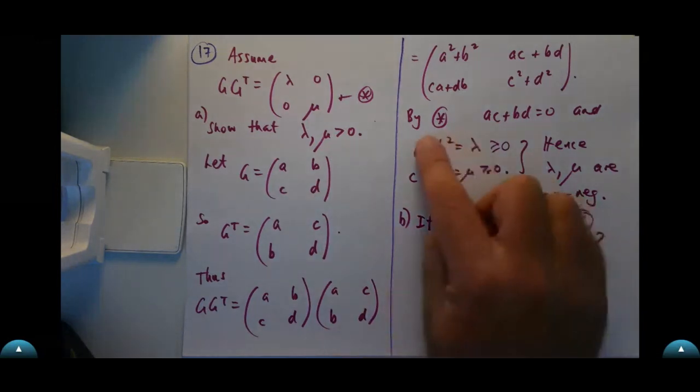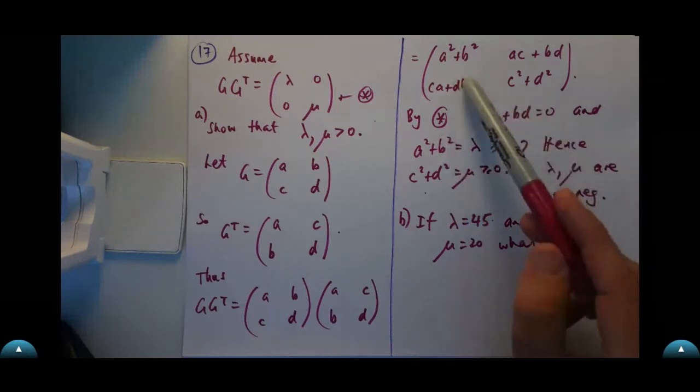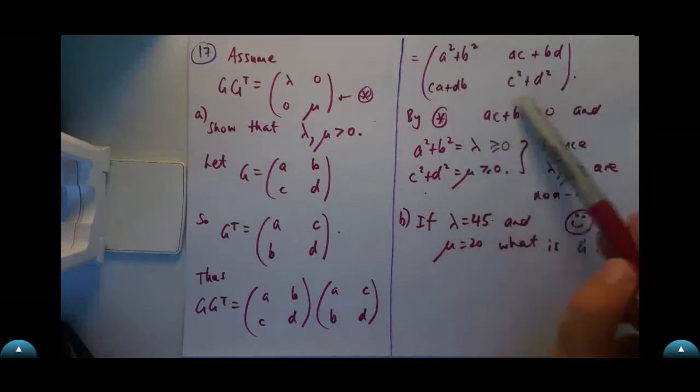You're basically solving these two equations. Any ideas? Okay, so you want these to be 0, you want that to be 45, and you want that to be 20.